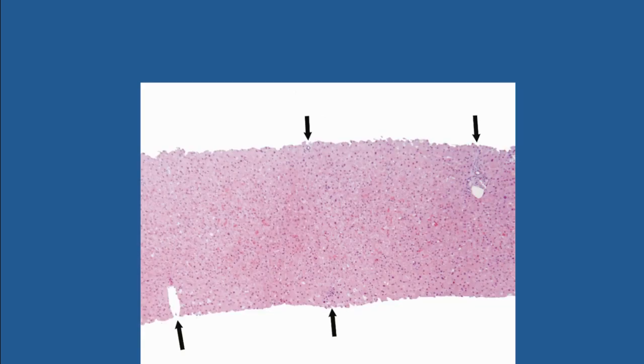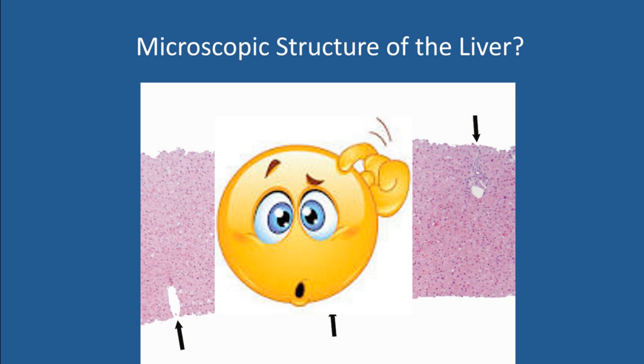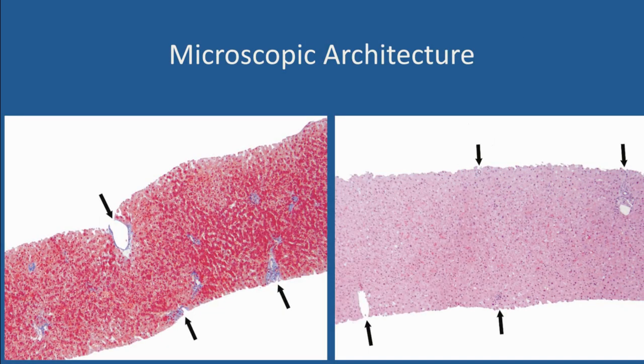And this is what we see. Well, where are those lobules and where are the acini? The fact of the matter is that the liver has very little fibrous tissue, which is limited to the portal tracts and the central veins. And you see that in the trichrome stain, where the blue highlights the central veins or the portal tracts.